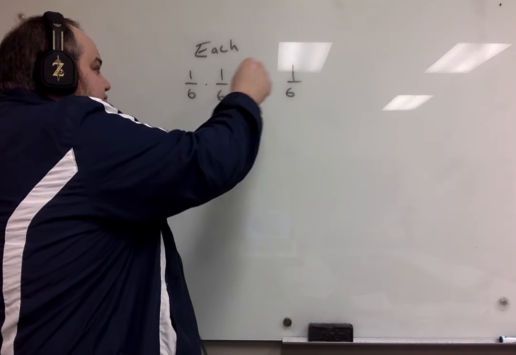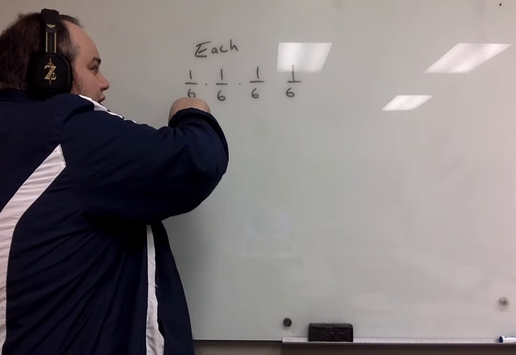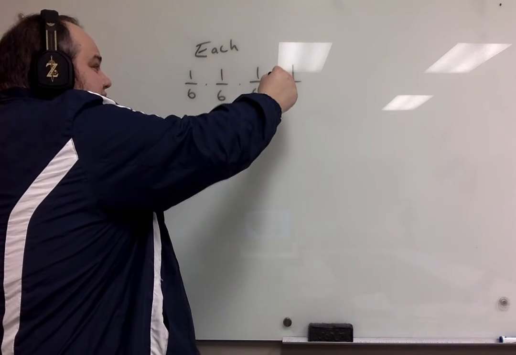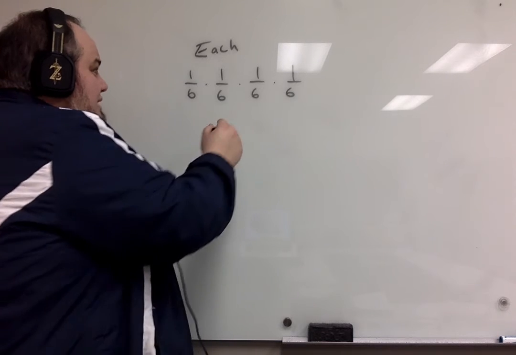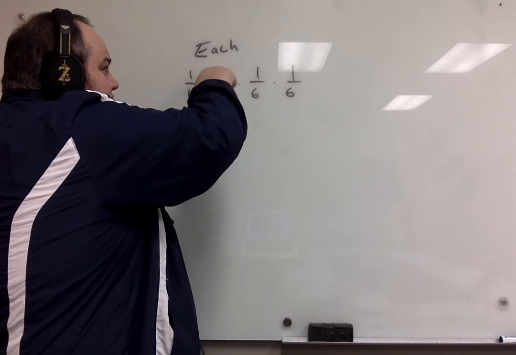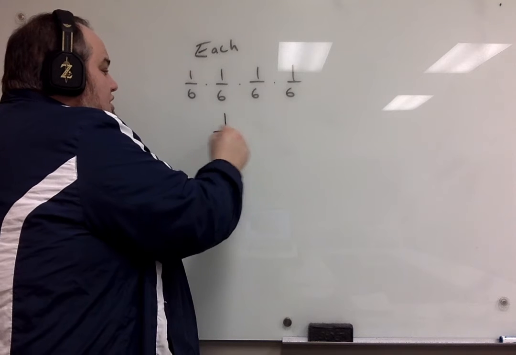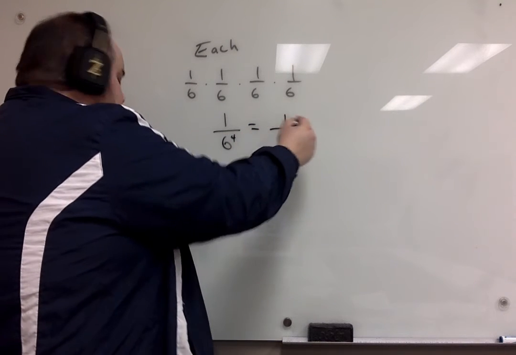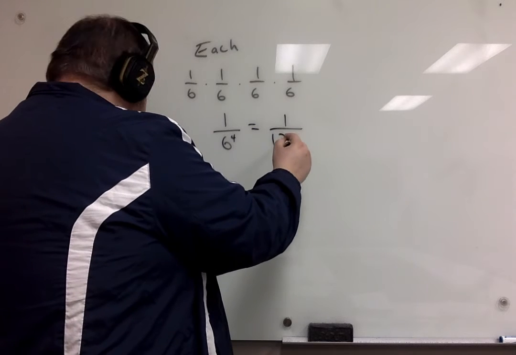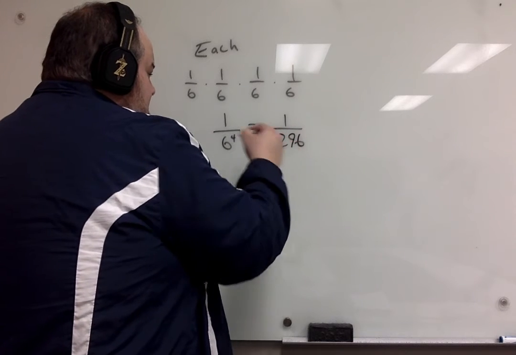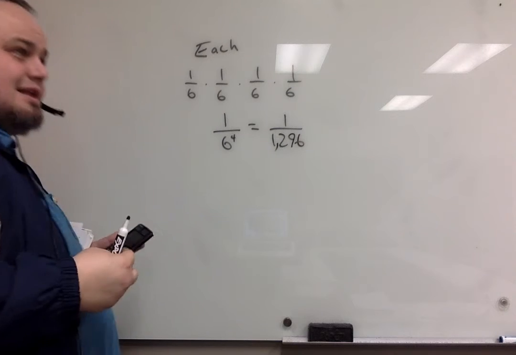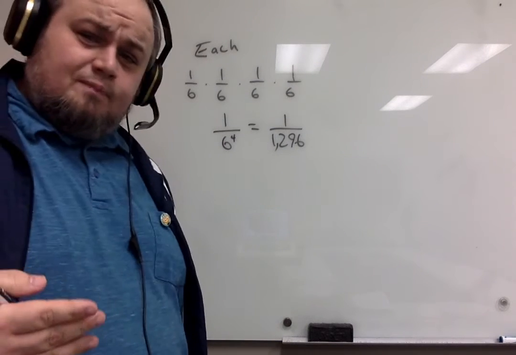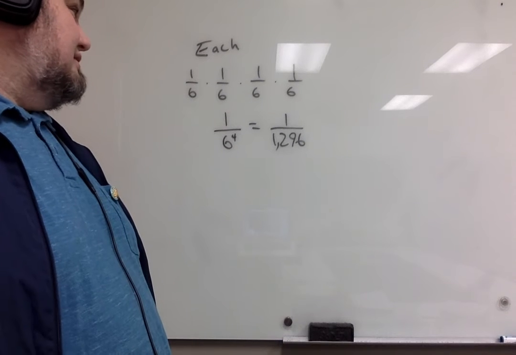Well, you would have 1 out of 6 times 1 out of 6 times 1 out of 6. So it becomes 1 times 1 times 1 times 1 over 6 to the 4th, or 1 over 1,296. So the probability of rolling a 2 four times in a row is a much different question.